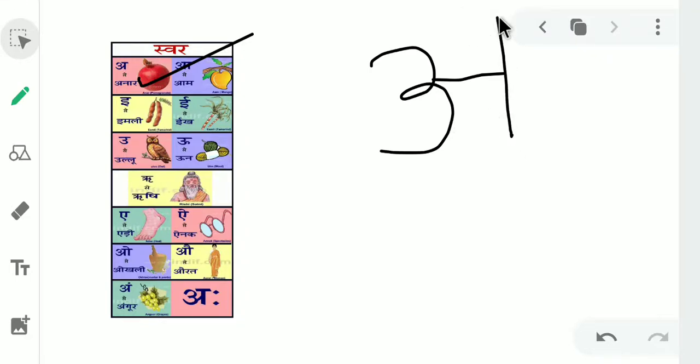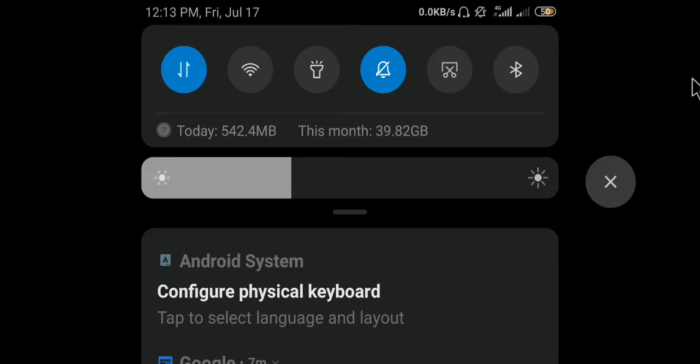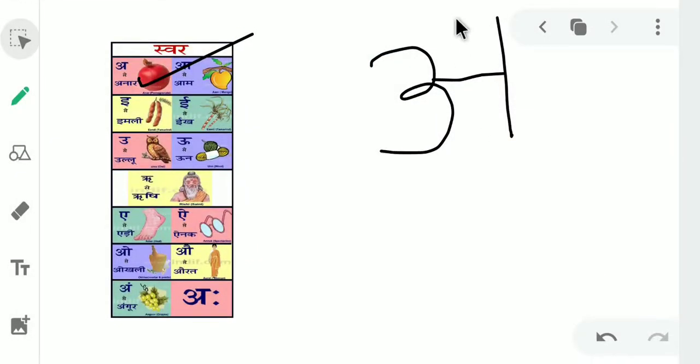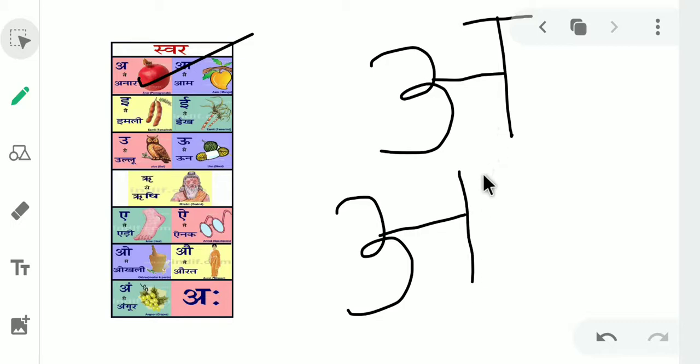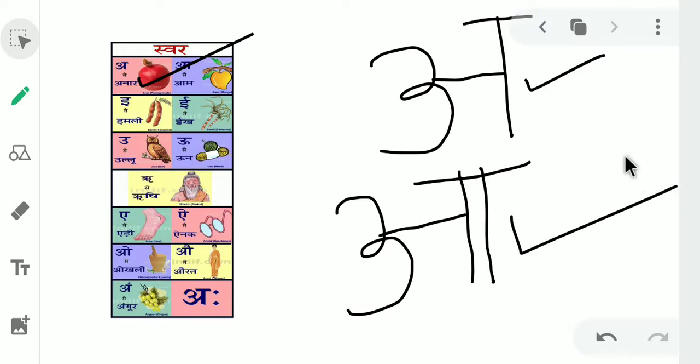So this is A. Then you can give a line so that it becomes Aa. Now this is A and this is Aa. Please note it so that you can write and practice it more and more.